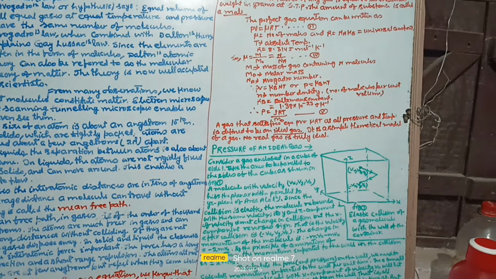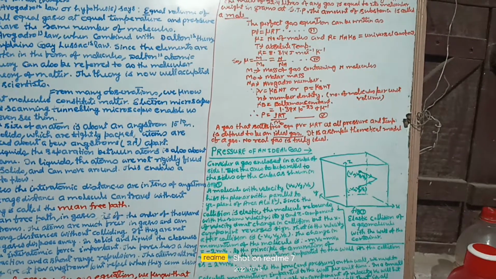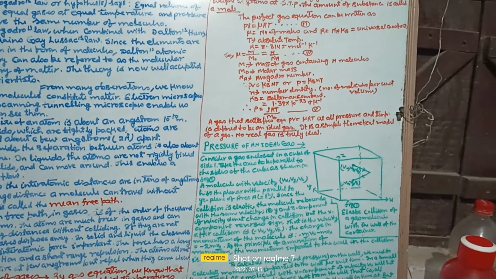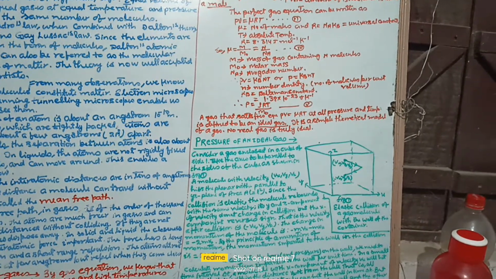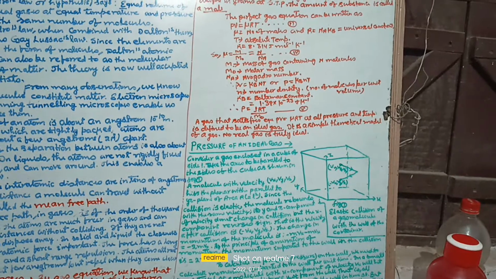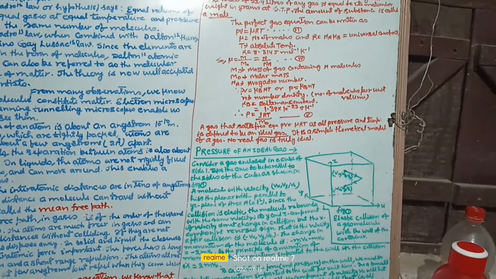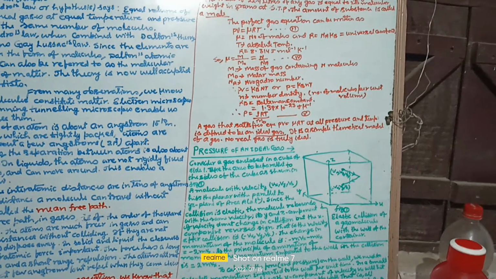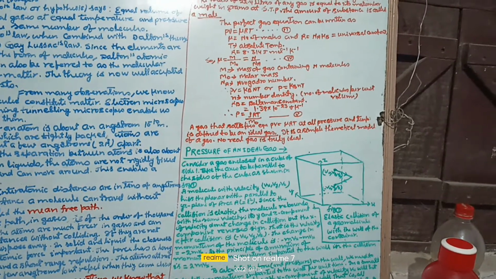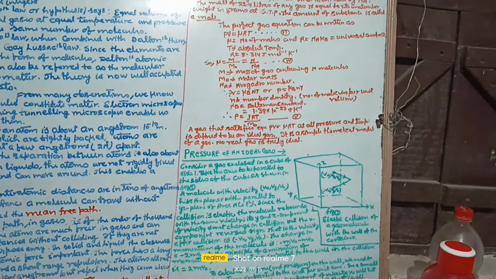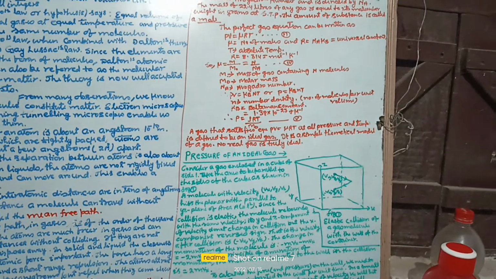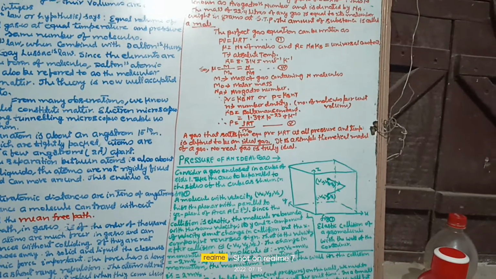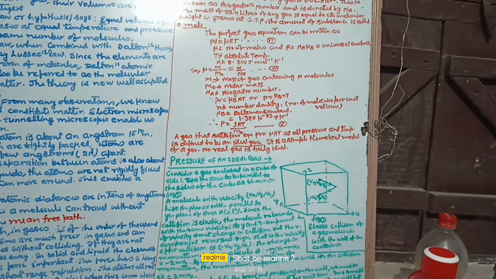To calculate the force and pressure on the wall, we need to calculate the momentum imparted to the wall in unit time. In a small time interval delta t, a molecule with x component of velocity vx will hit the wall if it is within the distance vx delta t from the wall. That is, all molecules within the volume A vx delta t can hit the wall in time delta t.